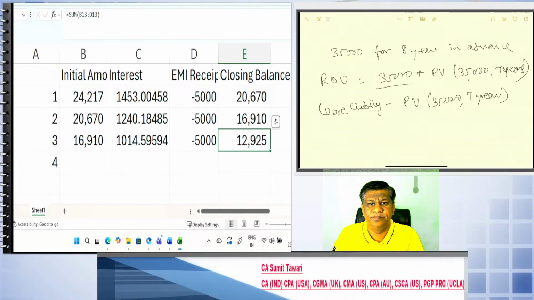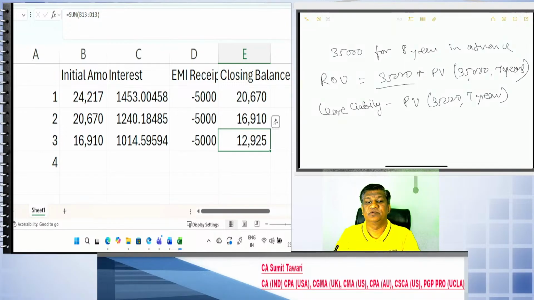What happened? 7 payments at the rate of 4.5%. Yeah, 206,244.